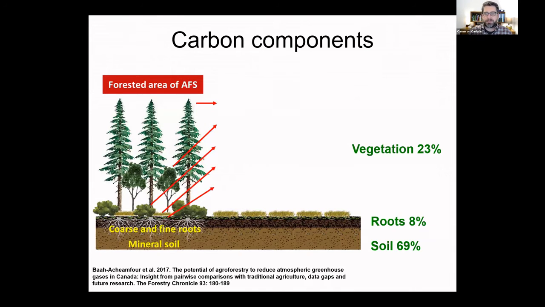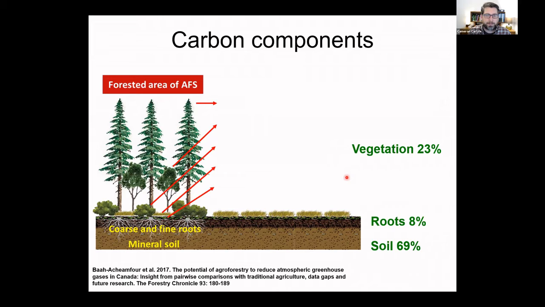And so just as a reminder, to break down where carbon is sitting, the vast majority of the carbon is sitting in the soil, and then about a third of it is sitting in the vegetation, most of it in above ground vegetation, and some of it in the roots.